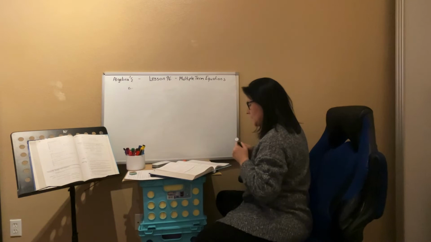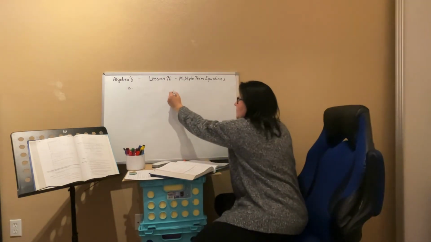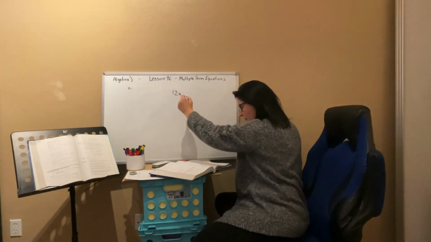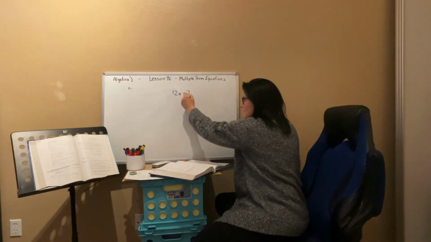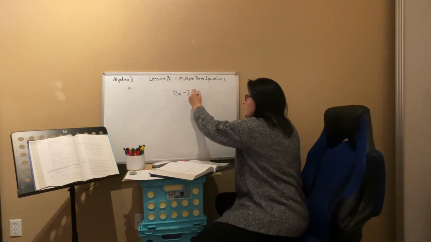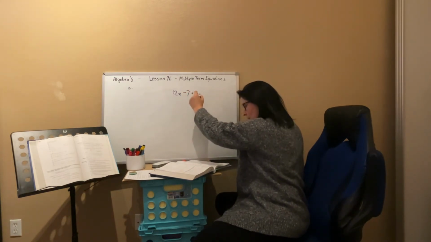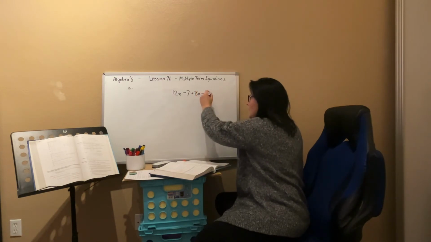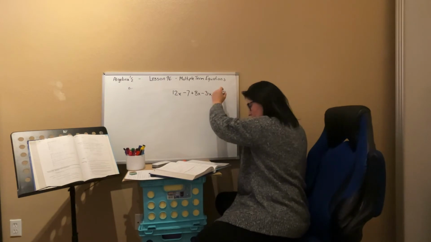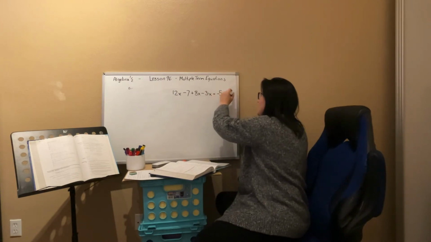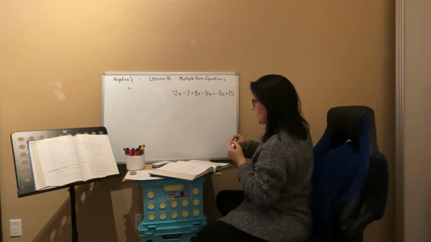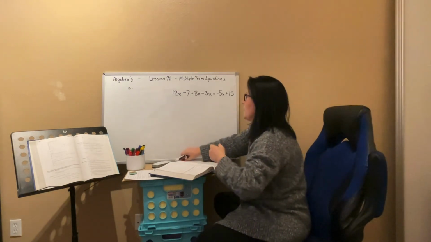And we're going to do the same way. So we have 12x minus 7 plus 8x minus 3x equals negative 5x plus 15. Okay, first we're gonna combine all our like terms.